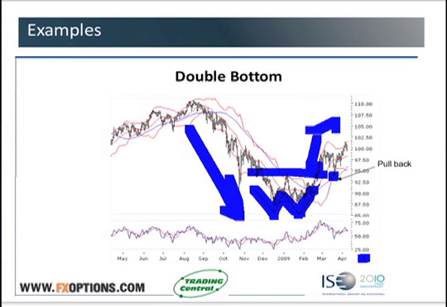And as you have seen before, a resistance, once it is broken, becomes a support. And then you can buy any pullback on this new support to take advantage of the new uptrend. So at this point, on the pullback, you can buy again this underlying to enter the bullish trend.